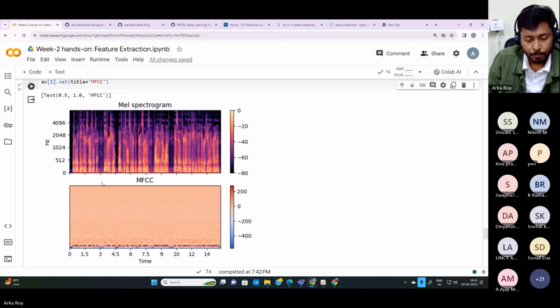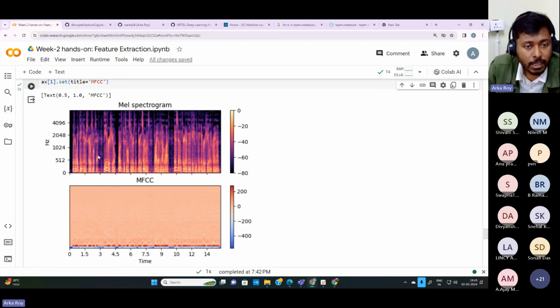Anyone? So texture means basically where the intensity level actually changes in this mel spectrum.